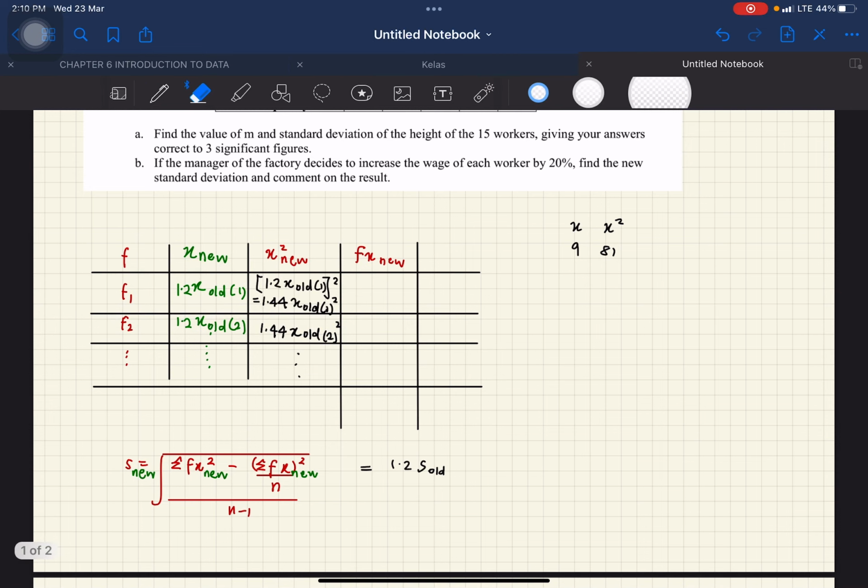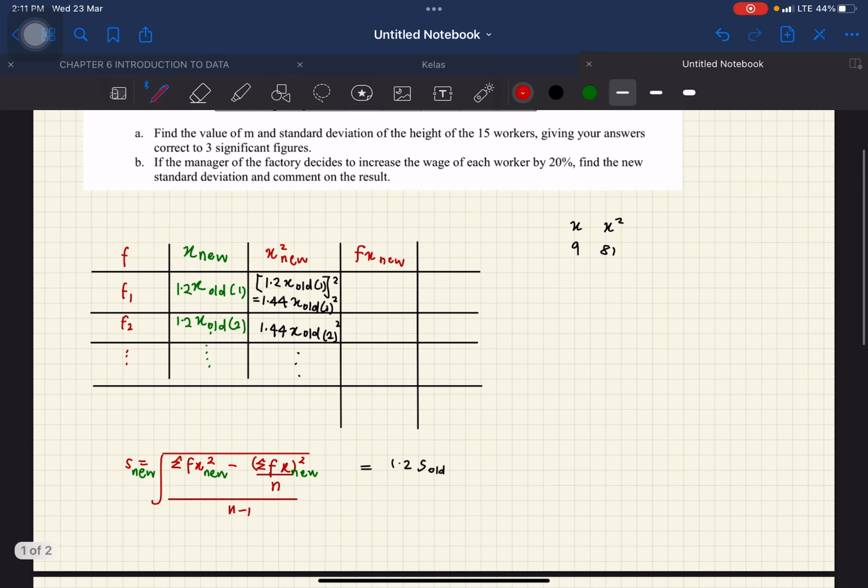Okay, so I'm going to write it as, saya guna warna merah pula. So dia akan jadi 1.2, saya bawa keluar terus, 1.2, and then we have F1, and then we have X old yang lama, nombor 1. Okay, so sama juga yang dekat sini.